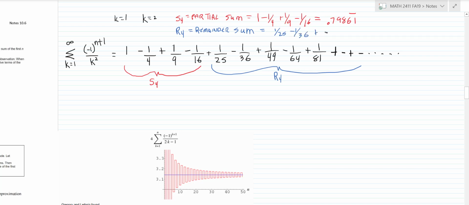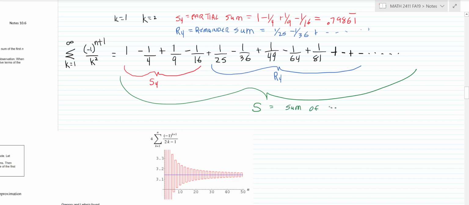It would just be, you know, what's left over. That would be the remaining sum right there. And then the other thing that we have is, if we looked at the whole entire thing, we would call that S. So S is equal to the actual sum of the infinite series. Okay, so that's what everything means in our definitions, like this.